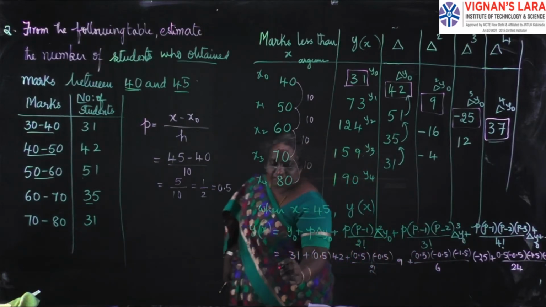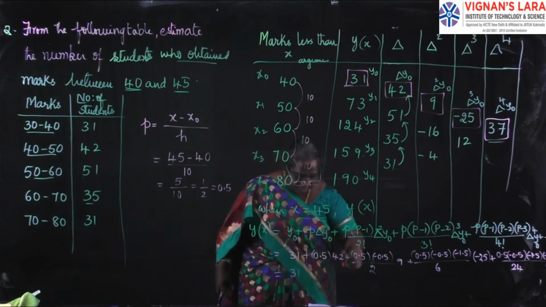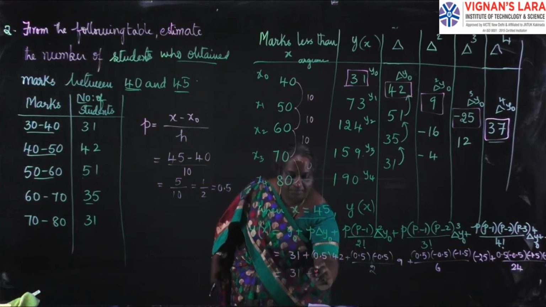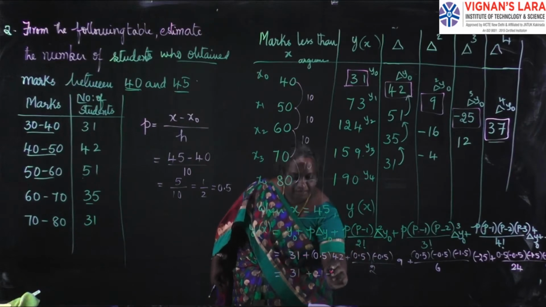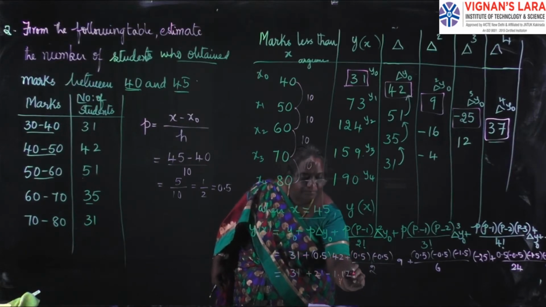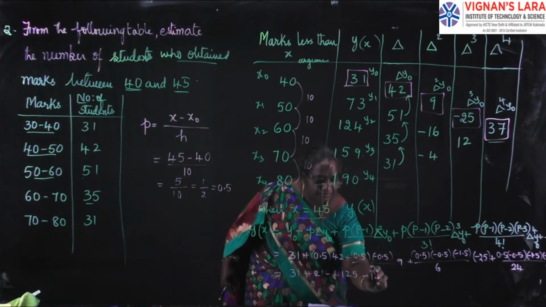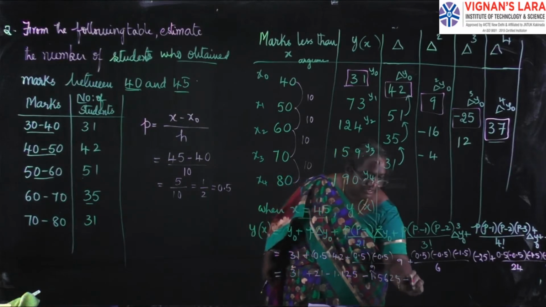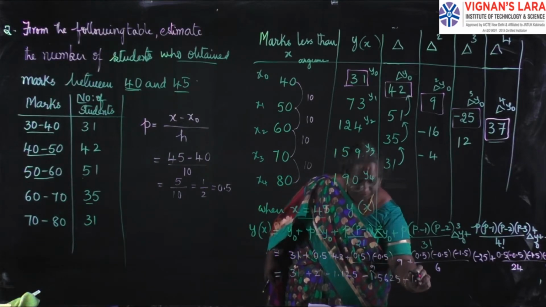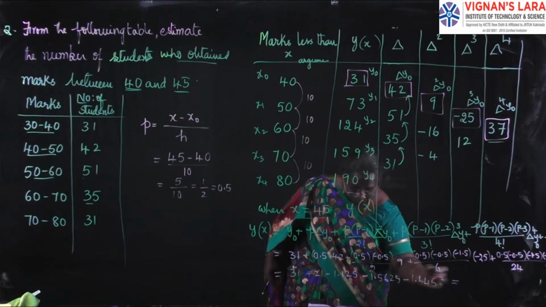Now this is equal to 31. The next value will be 21, and this value comes to be minus 1.125. The next value comes to be minus 1.5625, and the last value is minus 1.4453.